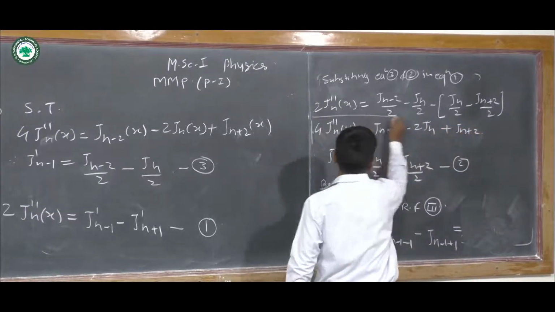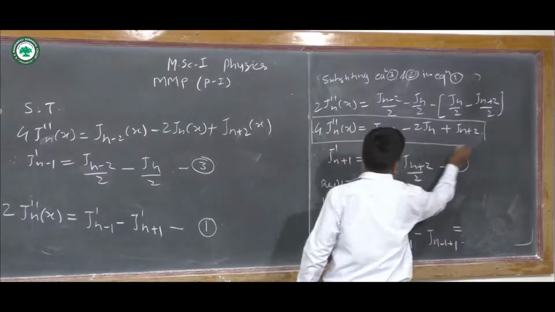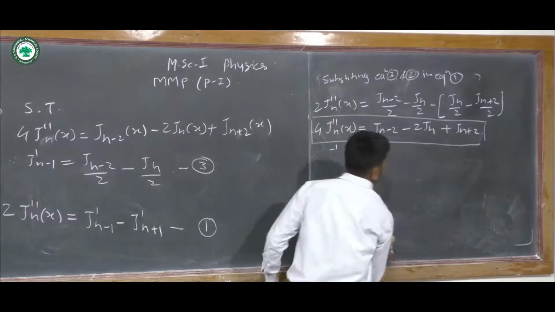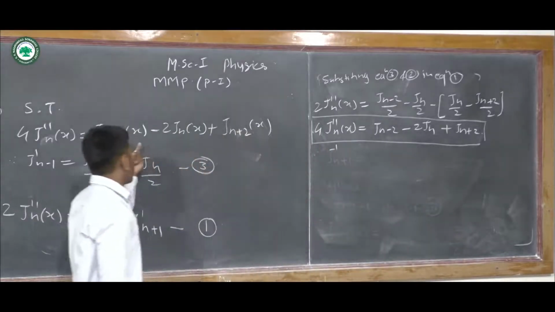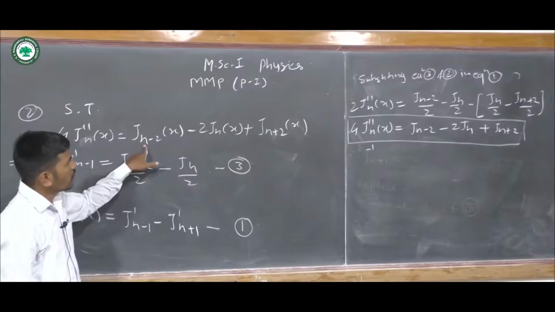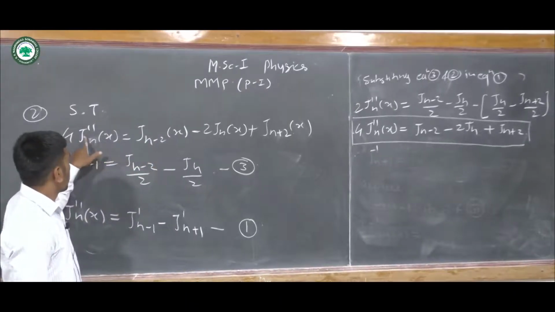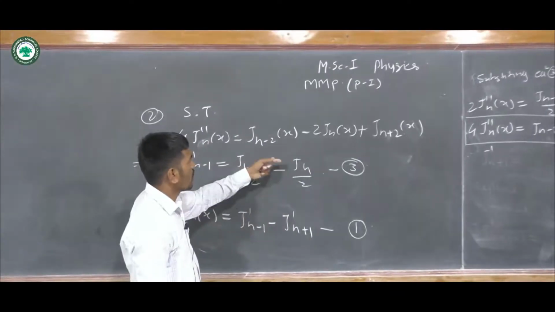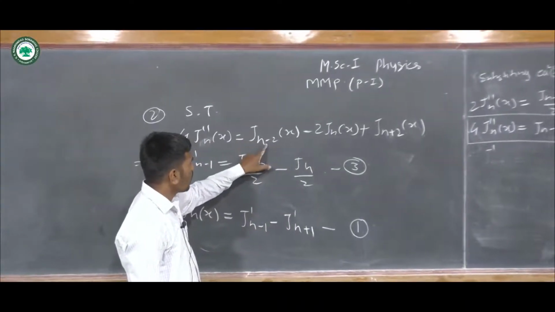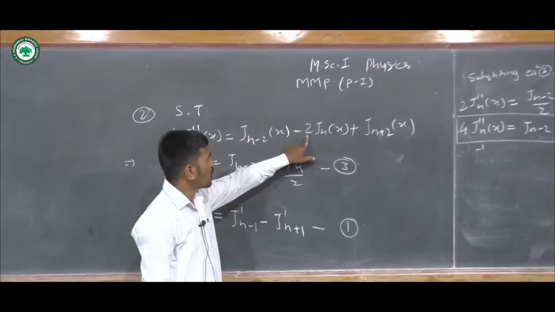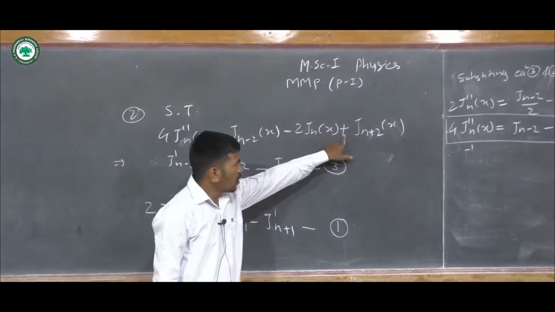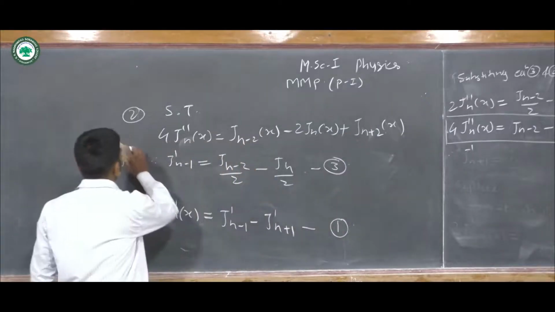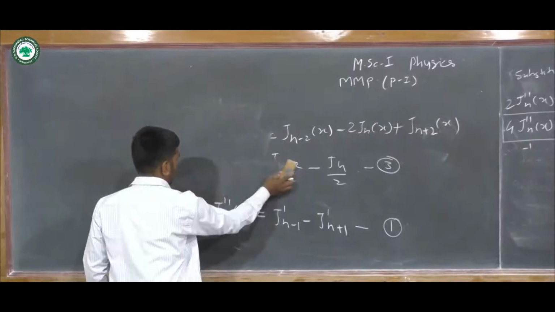So this is the solution of this given example. If you observe, the J is always a function of x on the right hand side: J(n-2)(x) - 2Jn(x) + J(n+2)(x). Okay, so let's discuss the next one.